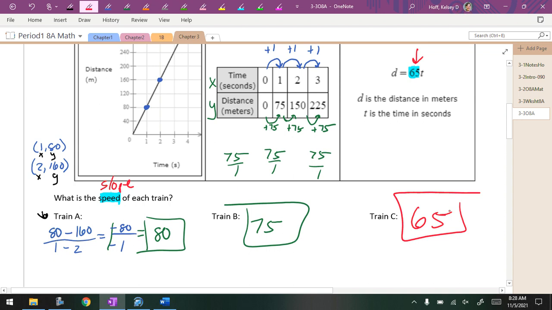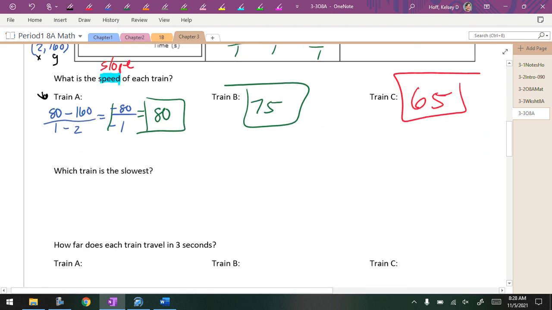Yep, hold on a second. Don't say any answers yet. Once you have that, the other 2 questions they ask you are super easy. Which train is the slowest? Train C. It has the lowest rate of change, the lowest slope. Each one of these is for 1 second. They want us to find it for 3 seconds.